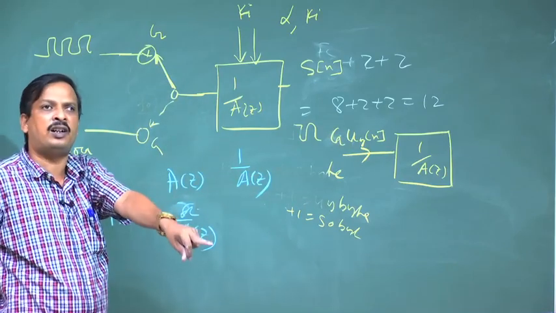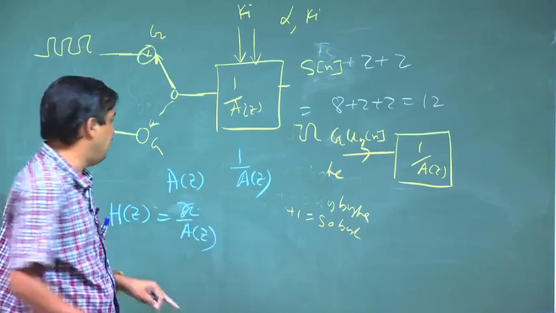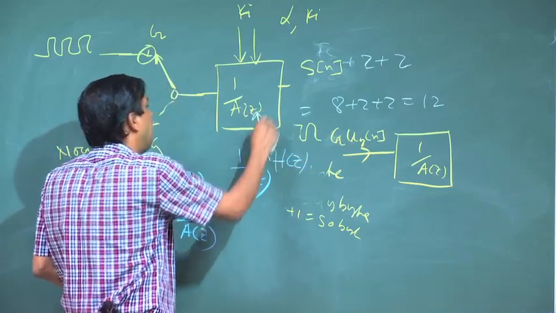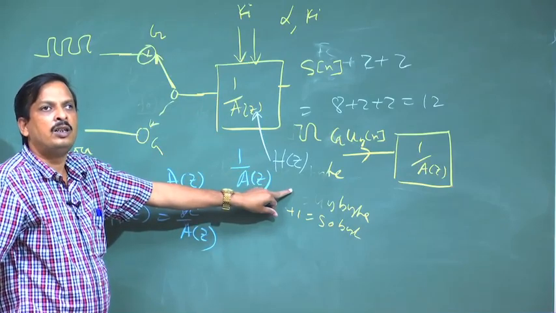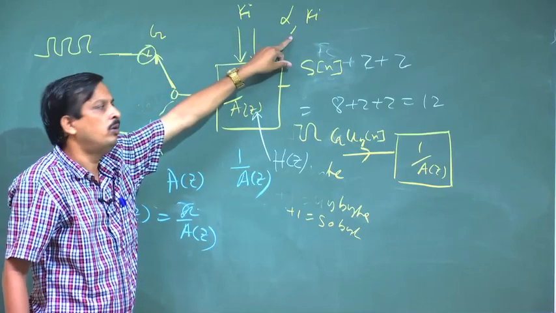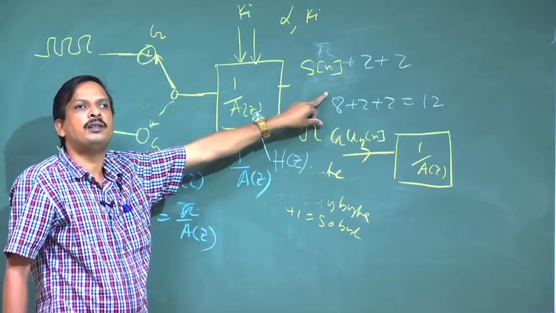A(z) implementation is already explained. This is called the lattice formation of the vocal tract transfer function, which if I implement using the k_i values, from this information I can generate the speech signal.